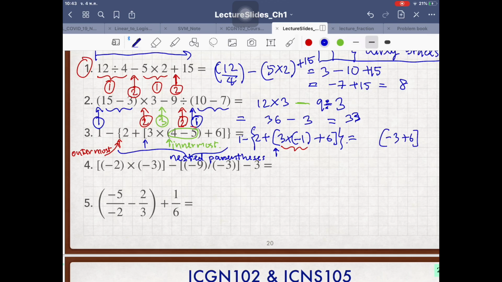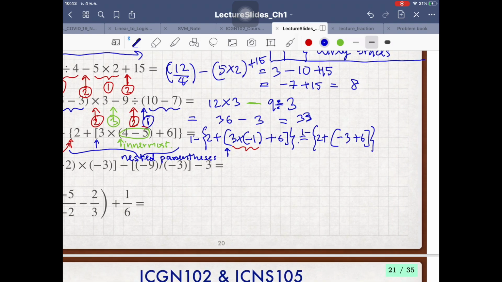You have the close square bracket, and then you have 2 plus the curly braces, and then 1 minus. In the next step you need to finish the expression inside the square bracket, minus 3 plus 6, and this will give you 3.